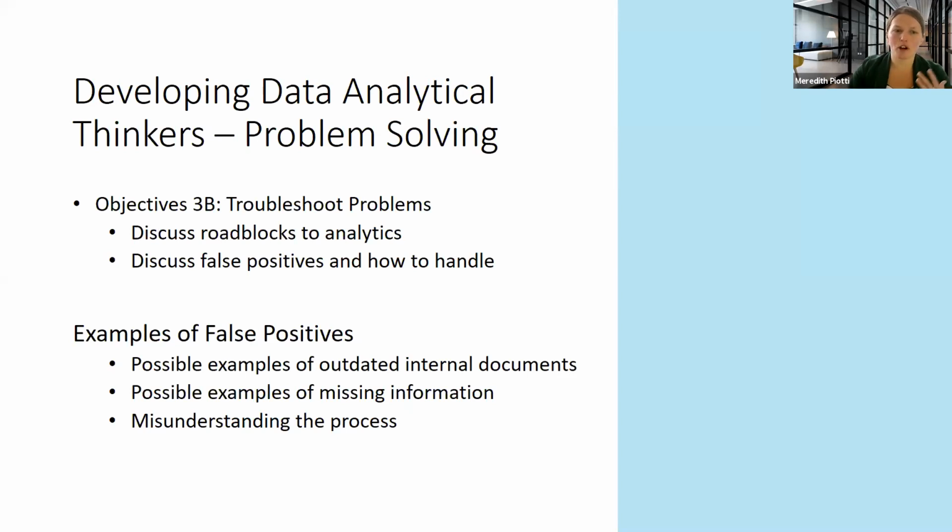And that's really where I spent some time in class talking about just the issues that you can run into, issues with getting data, missing data, having false positives. And what a false positive is, things where you build your analytics and you believe that you understand the process, but really there's flaws in it.